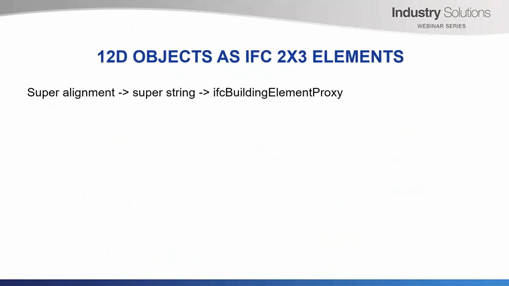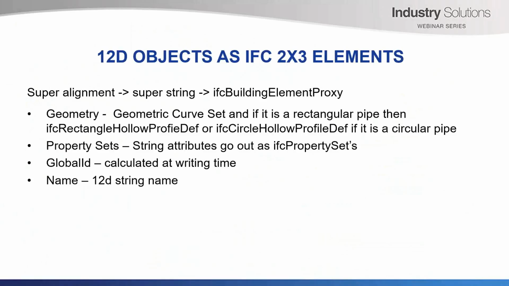A super alignment. Well, there's no such thing as an alignment string in IFC2x. So to put a super alignment out, what we have to do is basically break it up into a superstring of segments, and then it goes out as an IFC building element proxy, just like the superstring. And again, it's just a geometric curve set made up of segments, and it could actually have a rectangular or circular definition.